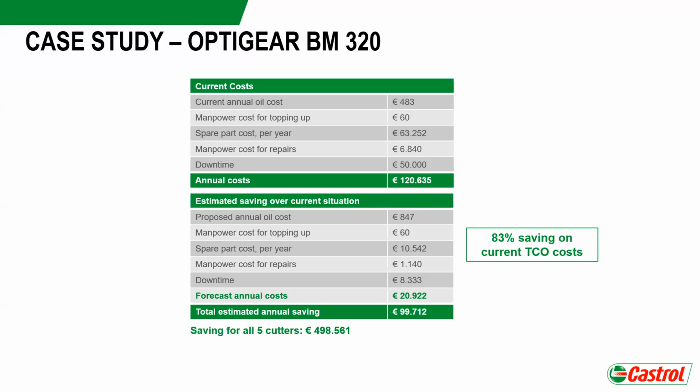In this case, yes, the oil costs slightly more, but not that much more, really, when you think of the significance of certainly the impact of downtime, manpower costs, spare part costs, etc. So with these 5 cutters, yeah, €500,000 per year saving, which may be a different number on different sites, but because we had more than 80% savings on the total cost of ownership costs, this was seen as a good success where, as I said, the customer was happy for me to share this story.